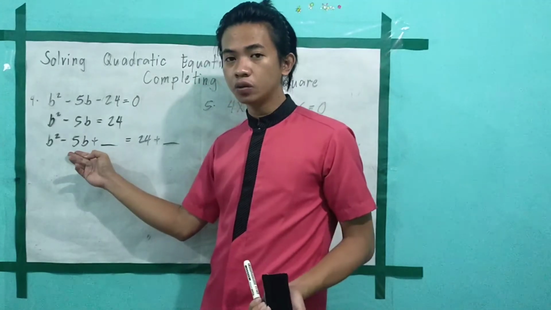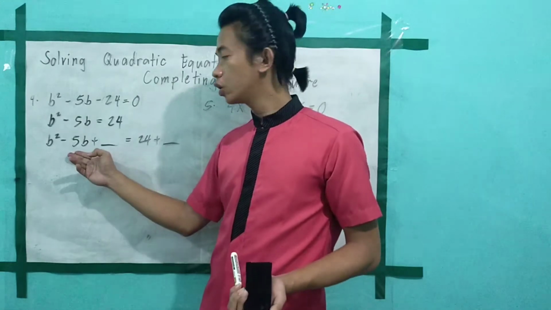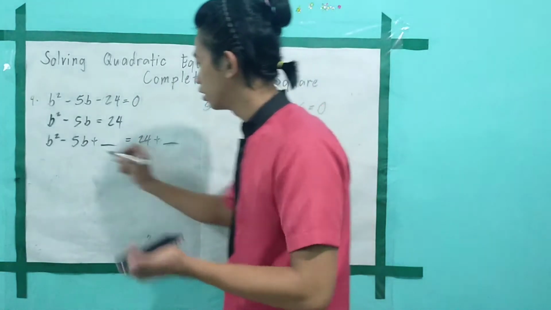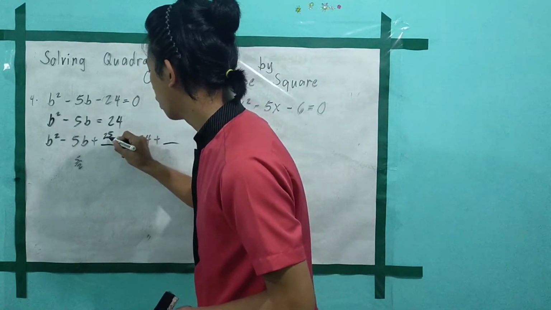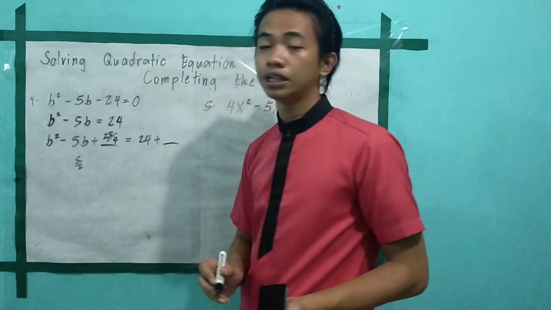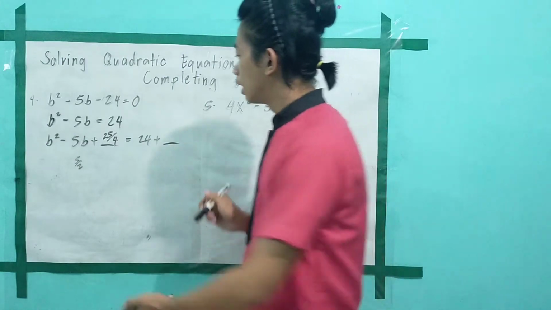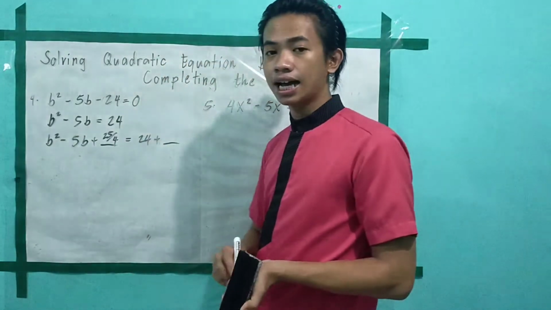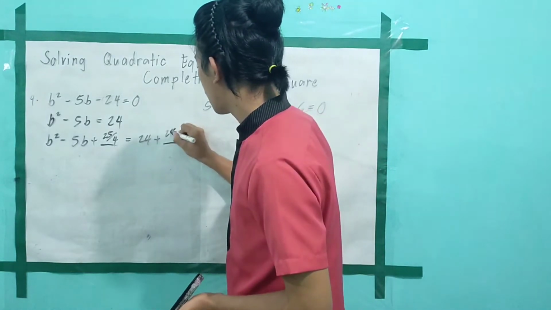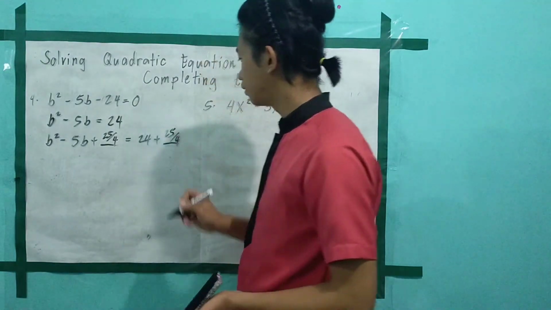5 divided by 2, we have 5 over 2, then square natin. 5 over 2 squared, magiging 25 over 4. Yan na yung fraction. Next, so 25 over 4 ang idinagdag natin dito, ganun din sa ating right side, 25 over 4.